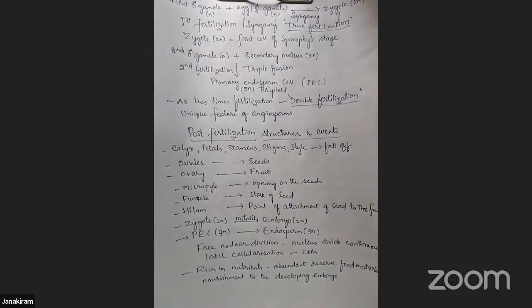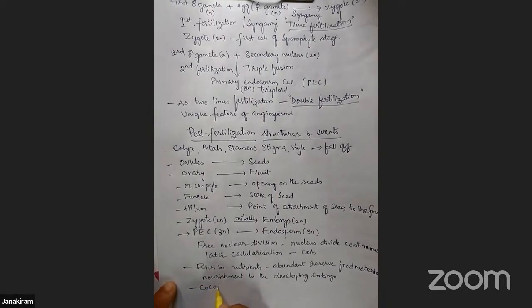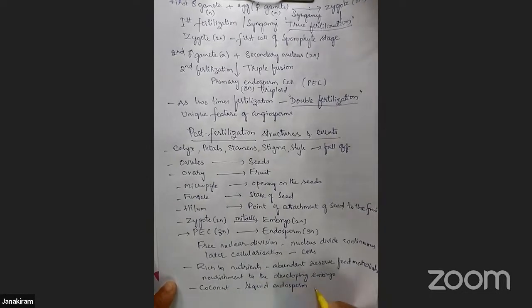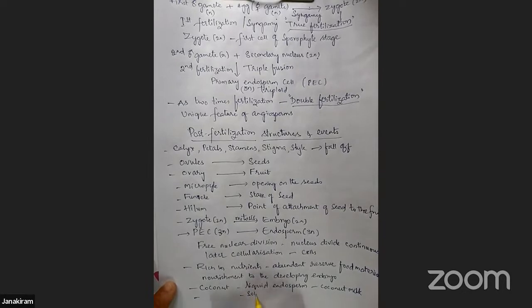And if you recollect the nature of endosperm present in Cocos nucifera, in coconut, the liquid endosperm is present. This liquid endosperm is nothing but the coconut milk. And apart from this, there is the solid endosperm.